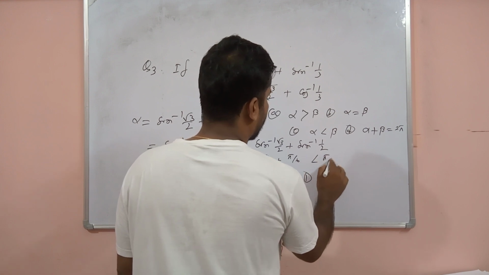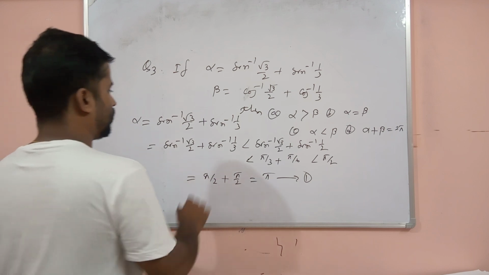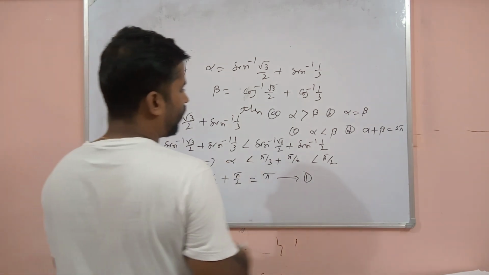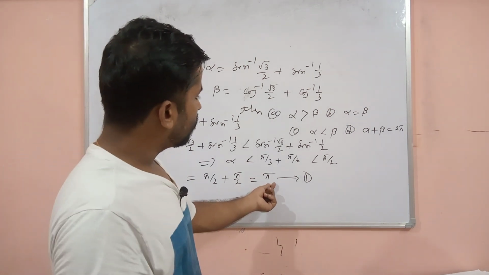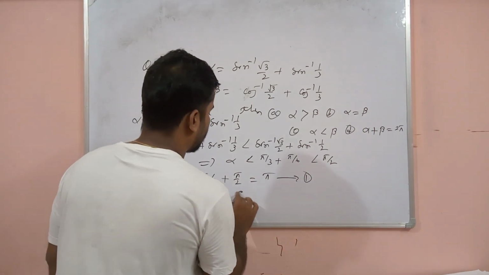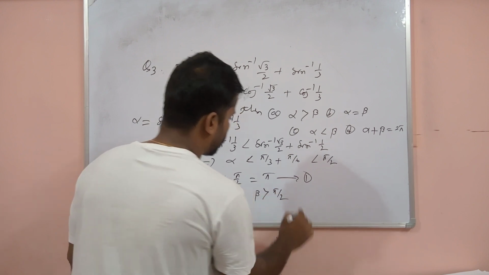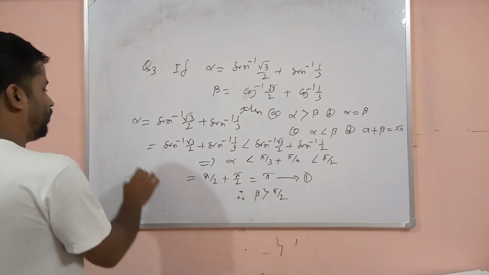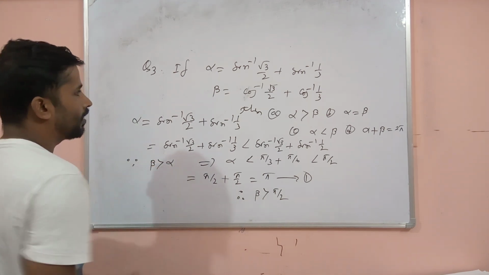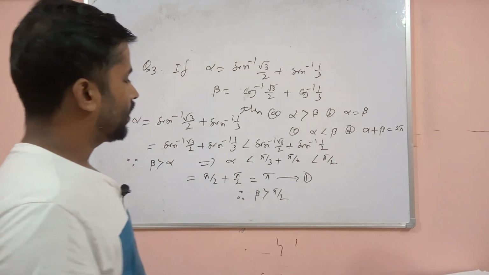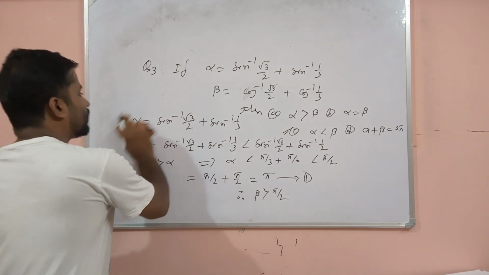So the sum of these two is pi by 2. It implies alpha less than pi by 2. As the sum of alpha plus beta is equal to pi, therefore we must say beta greater than pi by 2. So the conclusion would be beta greater than alpha. So option C is the appropriate answer.